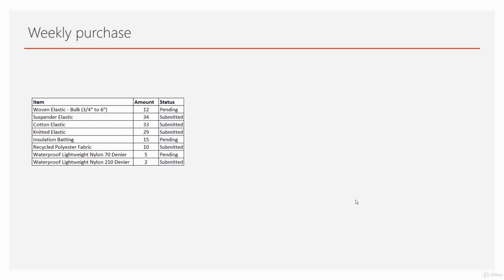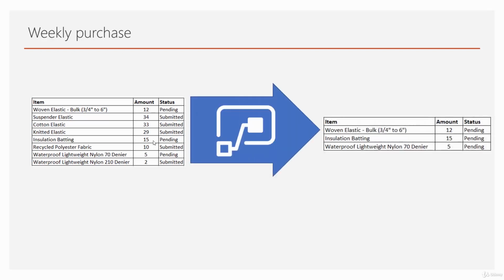Now look at this one. If I tell you this is your weekly purchase list, that I add item and amount, the ones that have been processed are marked as submitted, and the ones that are approved, but the request is not sent to the logistics yet, I set the status as pending. Is it really difficult for you to create a flow that runs on a weekly schedule and produces a list of pending items in an email?